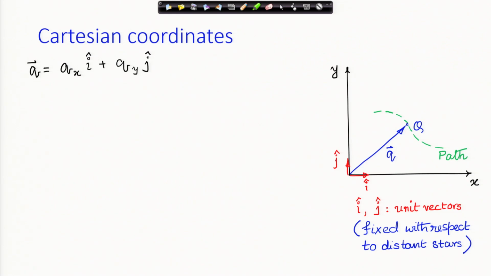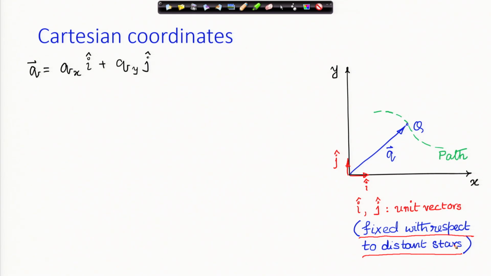When I say Cartesian coordinates like this, I will keep this coordinate system fixed with respect to distant stars, what I have written out here. This is an important point at present, because we are going to look at what happens when this is not fixed, when this might be rotating. So, right now I am fixing this coordinate system with respect to distant stars, and that is because we are discussing kinematics, I want to keep the kinematics correct.